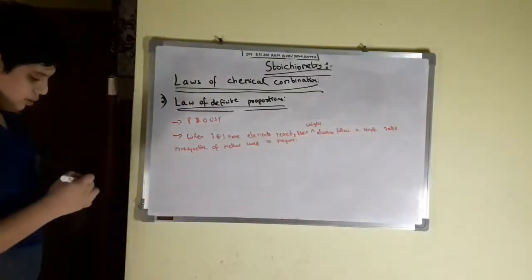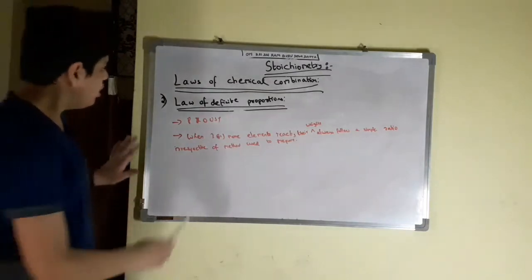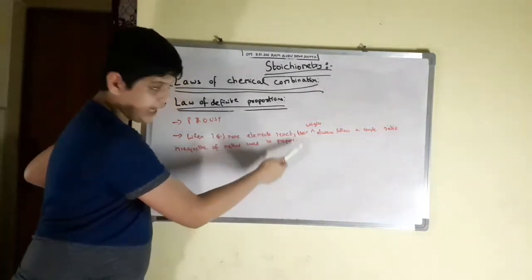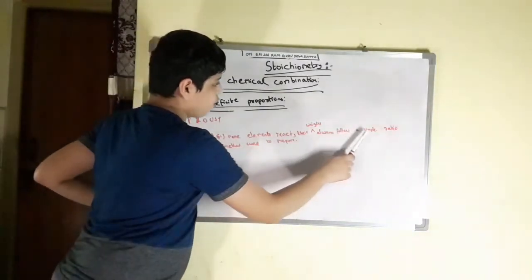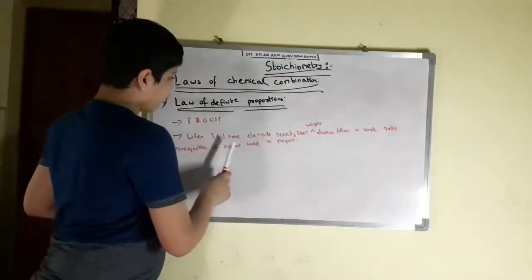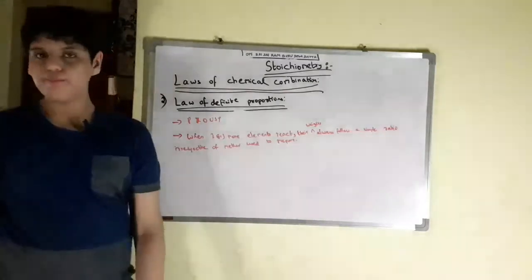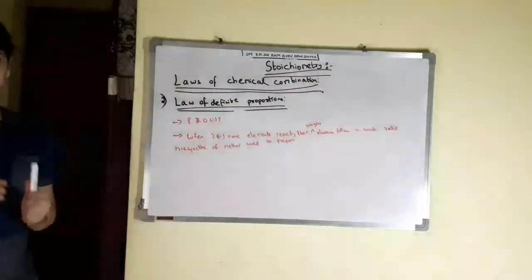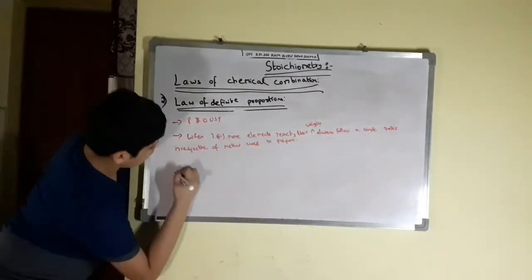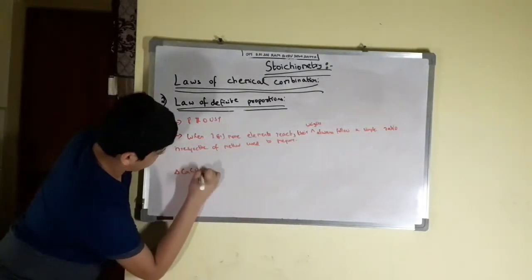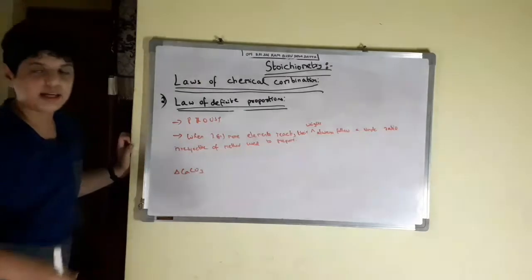For example, let me explain it again. When two or more elements react chemically, their weights always follow a simple ratio irrespective of the method used to prepare. So, for example, if we take carbon dioxide, CO2, carbon dioxide is also formed by heating CaCO3. CaCO3 is nothing but limestone.